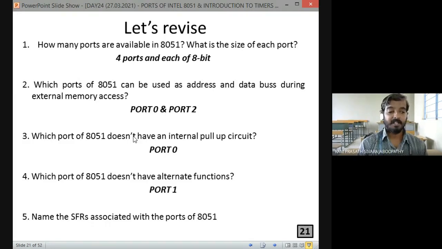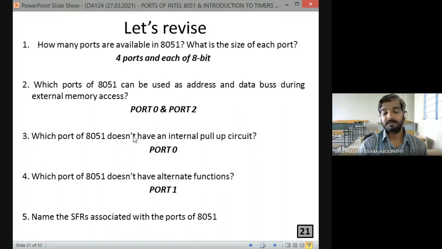Name the SFRs associated with the ports of 8051. What registers are there to program the ports? Yes, to program the ports, each port is having a register, correct? What about the name of the ports?